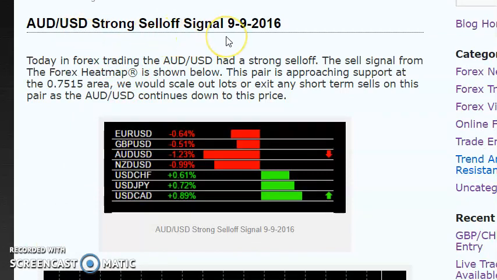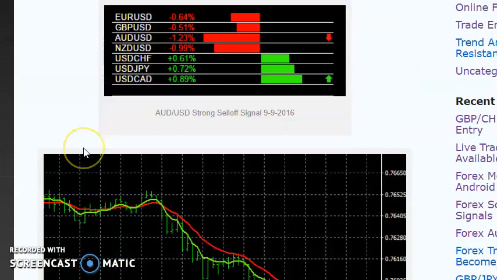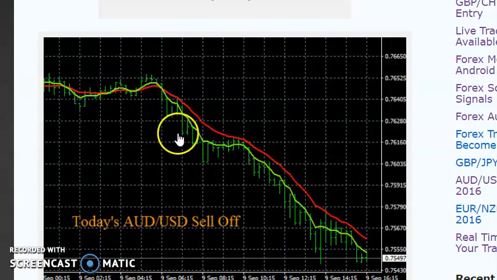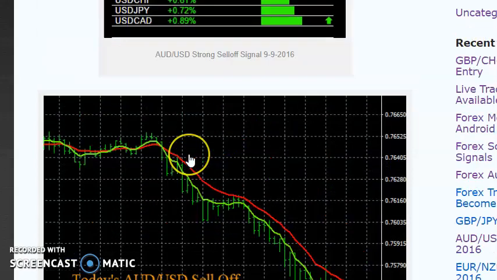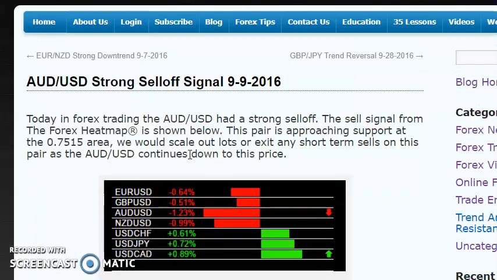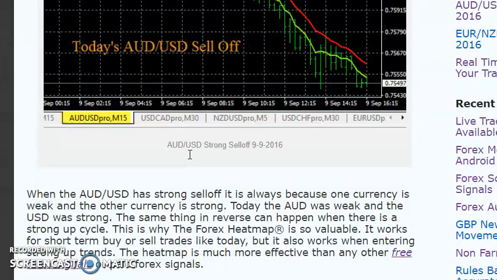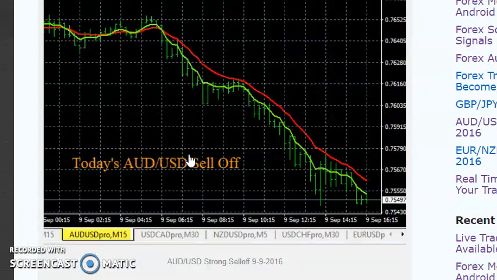In this case, the Aussie USD had a strong signal. The US dollar was strong, and the Aussie dollar had some slight weakness. Once again, the Aussie dollar just sells off, and this is your intraday time frame. So this is a great signal and a strong sell-off. And once again, this isn't 10, 15 pips.